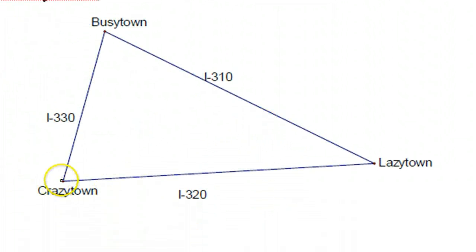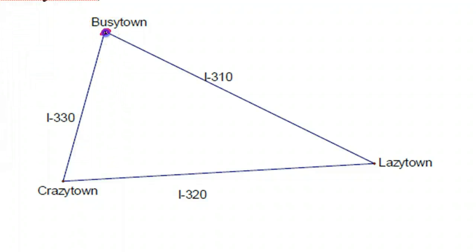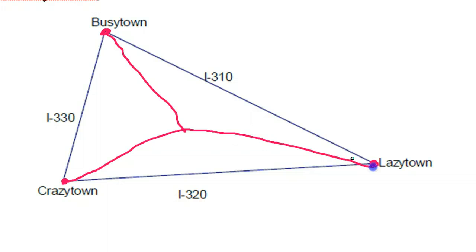Well, Busy Town, Lazy Town, and Crazy Town are vertices. So we want the one that's going to be equally distant to the vertices. Is that incenter or circumcenter? That's the circumcenter.